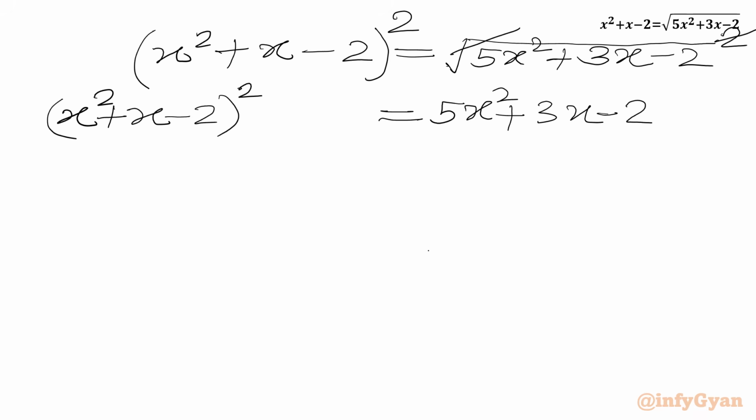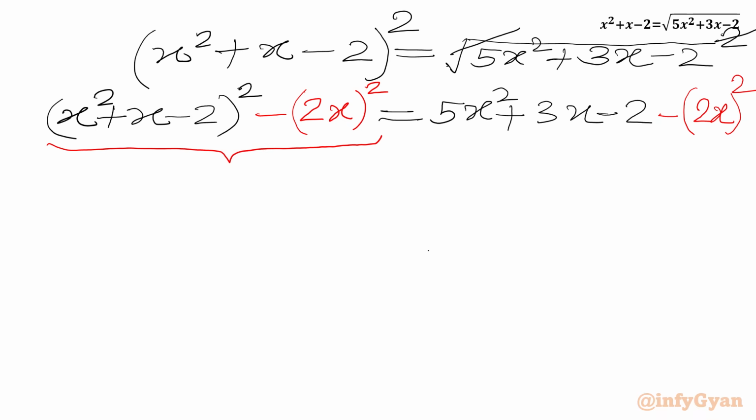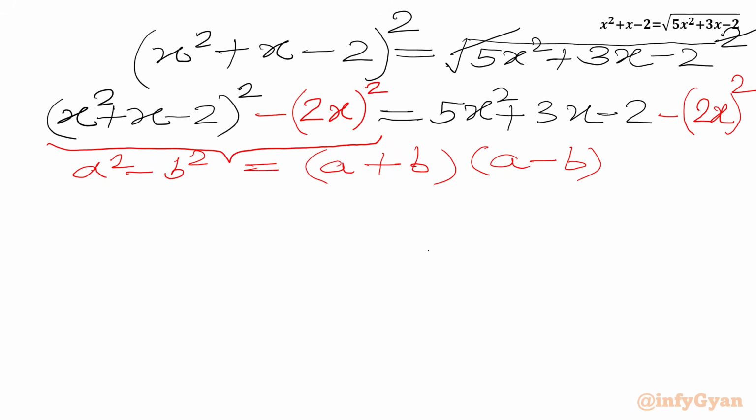Now we'll be using an algebraic manipulation step and we are going to subtract (2x) whole square from both sides, which is minus 4x square. Now in the LHS, we have a square minus b square form. So a square minus b square is equal to (a plus b) times (a minus b). We will be using this formula in our left hand side.